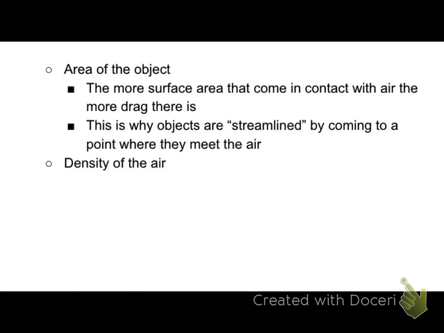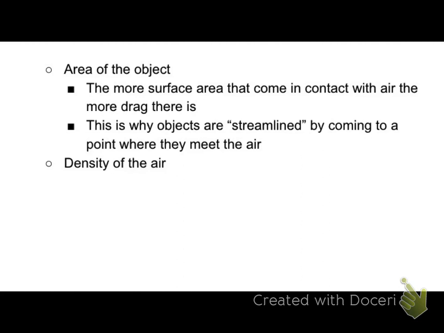And then we also have them come to a point where they would meet the air. So if you've seen really fast objects like airplanes and bullet trains and fast cars, you'll notice that the front of those objects where they're going to come into contact with the air the most comes almost to a point, right? So that they run into less air and the air just slips smoothly over them. And as a result, they experience less drag.